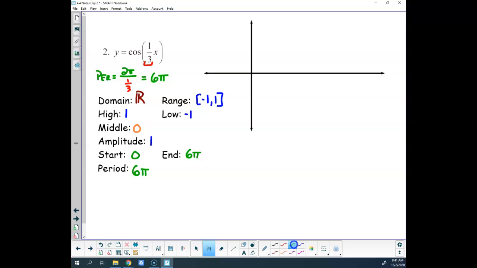Cosine starts up, moves down, and back up. Right? Vertically, 1, -1, and 0. Agree? Horizontally, 0, 6 pi. Halfway would be 3 pi.